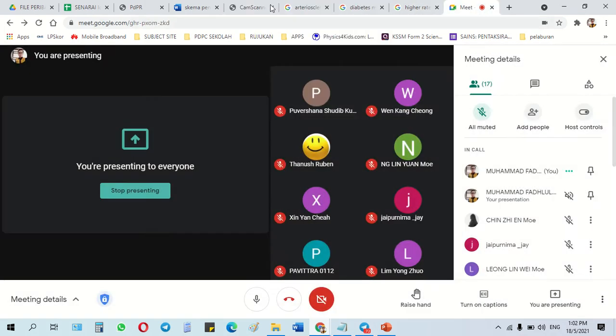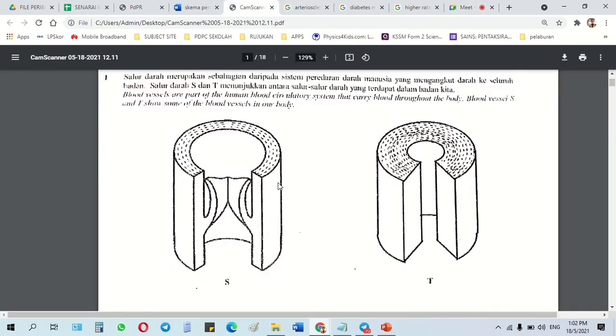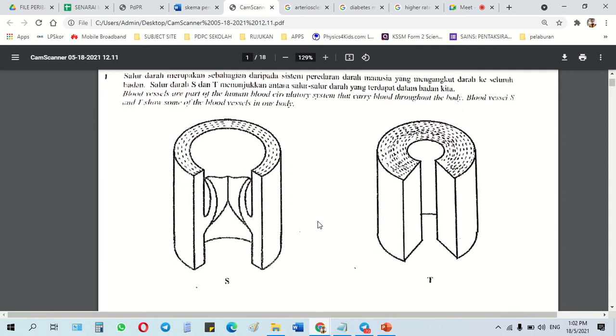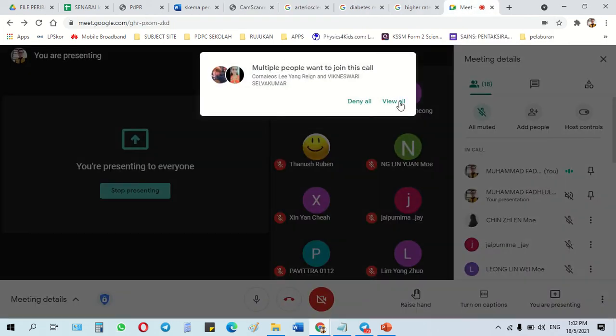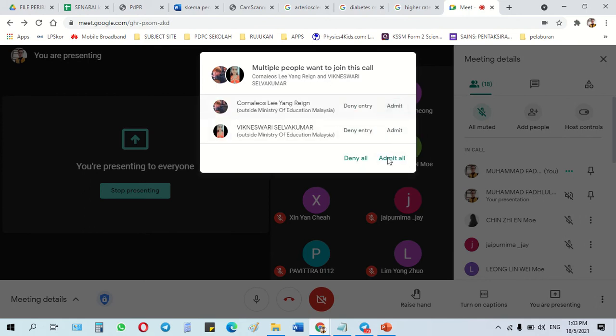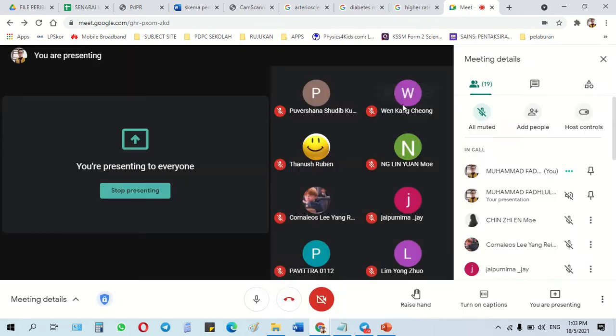We have many characteristics, so you can check your textbook or your science process skills book page 48. It says there for artery, the wall of the blood vessel is thick.